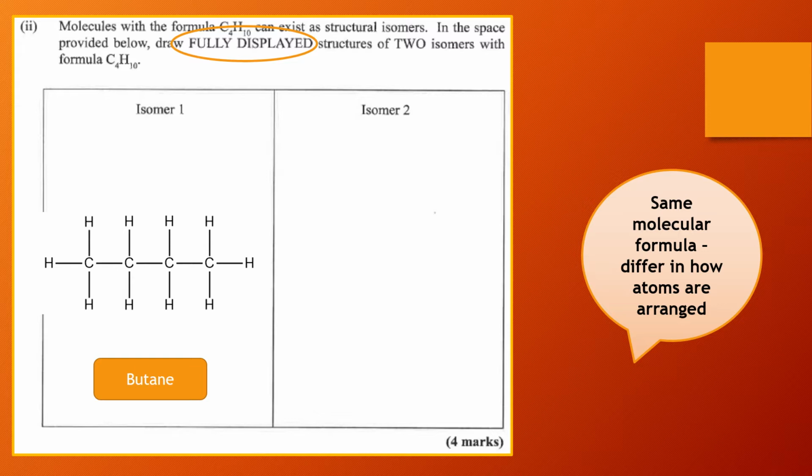Now, how could we get a second isomer? Usually, to get a second isomer, a quick way to do that is to form a branch. And we form a branch when we have a carbon that is attached to another carbon in between 2 other carbons. Sounds confusing, right?